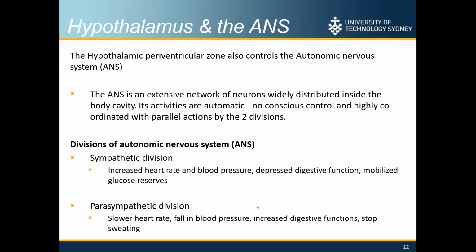The parasympathetic nervous system, on the other hand, is responsible for mediating digestion, growth, immune responses, and energy storage. The symptoms associated with parasympathetic division include slowing of the heart rate, a fall in blood pressure, increased digestive functions, and the inhibition of sweating.